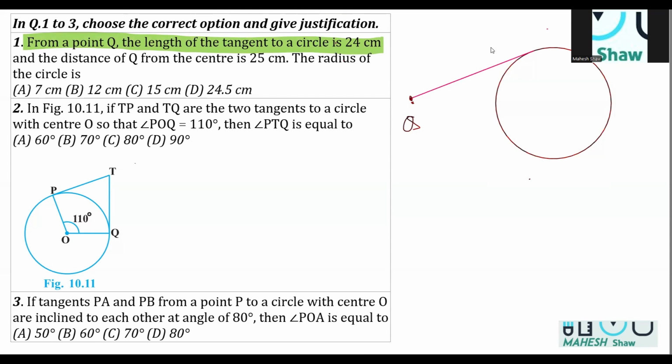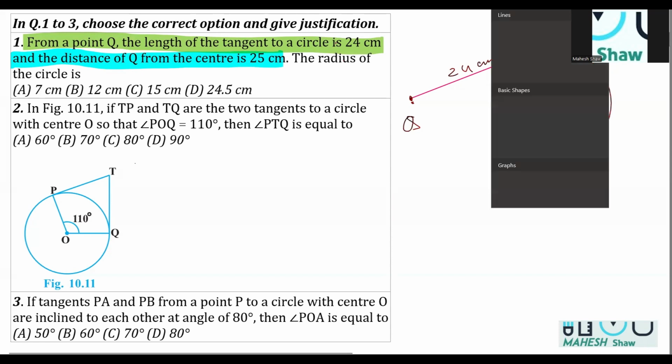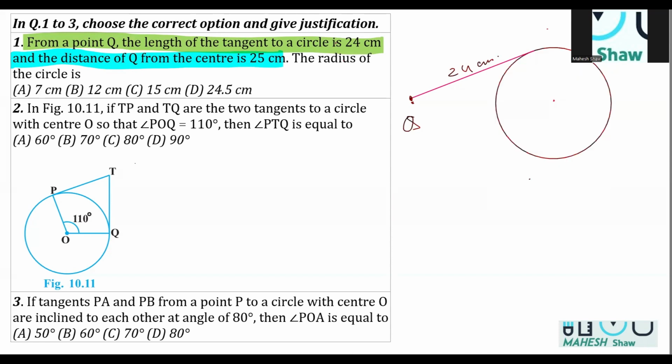This is point Q. And this is given as 24 centimeter. Further, it says that the distance of Q from the center. So I'll take the center now. Let's say this be the center of the circle, and I'll be joining this center with this point. Okay, slightly displaced.